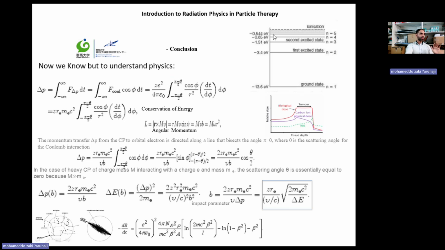Interaction happens through excitation, ionization, and nuclear interaction. Stopping power and LET are very important concepts to understand if we want to develop ourselves in particle therapy, and it is more accurate and more safe than others.